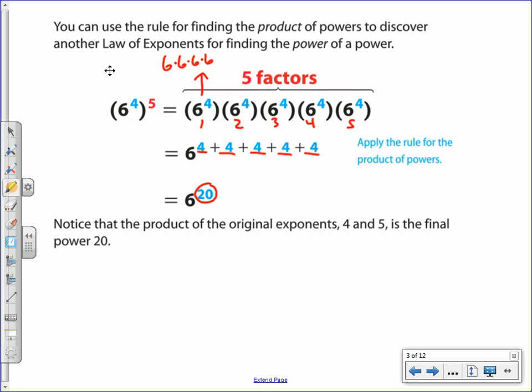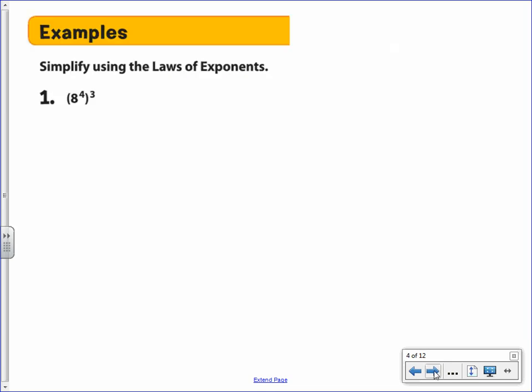That's where I get my answer. And it says to you again, just like we looked at in the other examples, notice that the product, multiplication, of the original exponents, when I multiply 4 and 5, I get the final power of 20. Showing you a break it out example, like I said before. If you're in doubt, break it out, write it out.